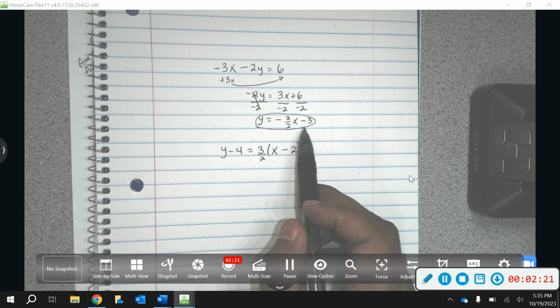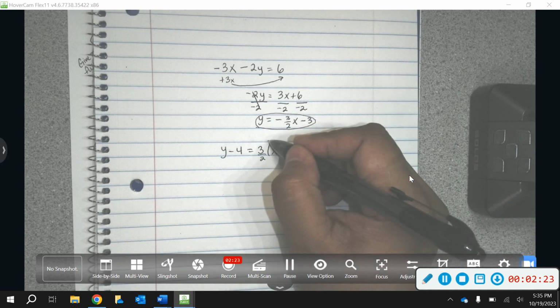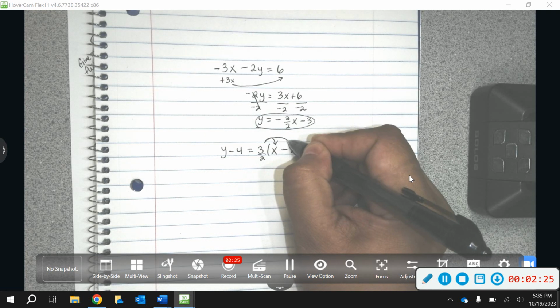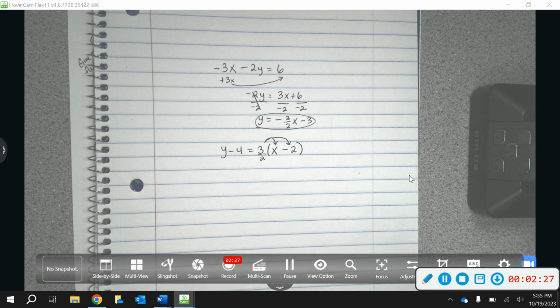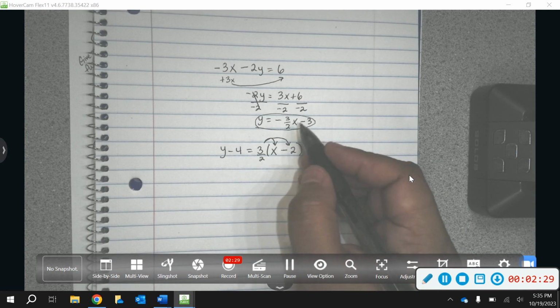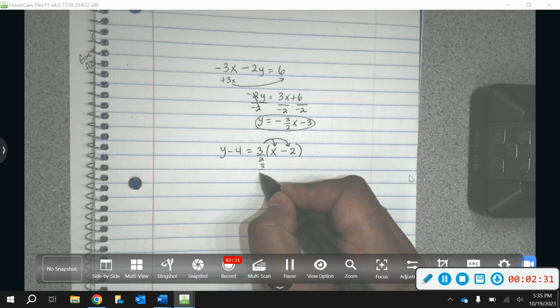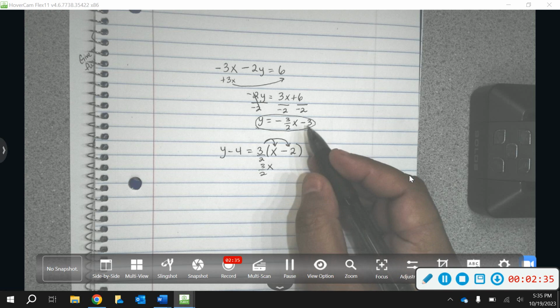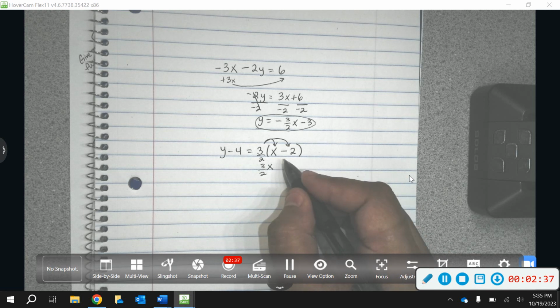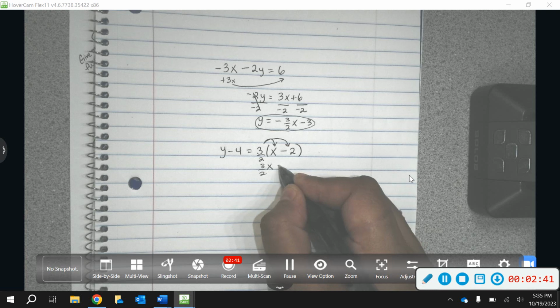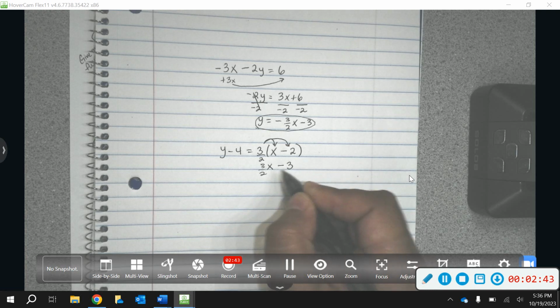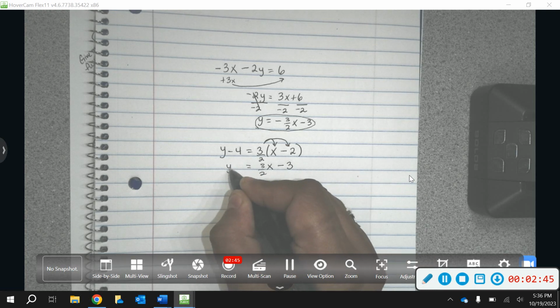Well, my y equals mx plus b does not have parentheses, so I need to distribute the 3/2. Distribute means to multiply, okay? 3/2 times x is 3/2 x. Then 3/2 times a negative 2 will give me, and you're going to use your calculator on this, a negative 3. Then this is equal to y minus 4.